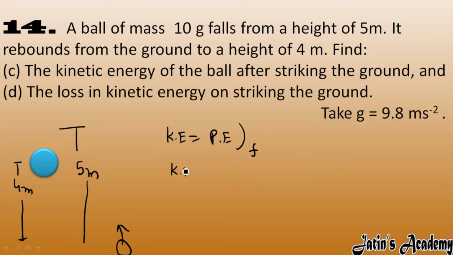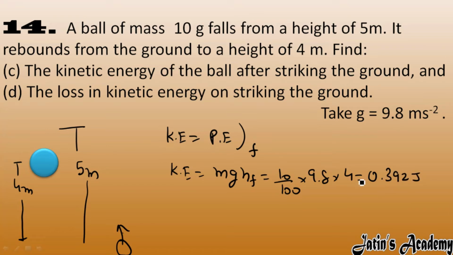Kinetic energy we have equal to potential energy final, which is mg h final. Mass in this case again 10 by 1000. G value we have 9.8. And final height is not 5 meter, it is only 4 meter. So when you multiply it with 4, you get the answer 0.392 joule. Clear?